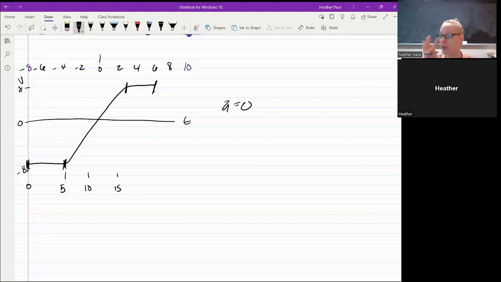So at 2 seconds, you're still going to get 0. At 10 seconds, finding instantaneous acceleration on a graph, you're going to find the slope of the tangent line.